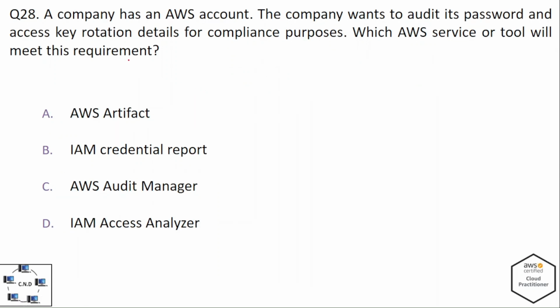Question number 28 is that a company has an AWS account. The company wants to audit its password and access key rotation details for compliance purposes. Which AWS service or tool will meet this requirement? And the options are A, AWS Artifact, B, Identity and Access Management Credential Report, C, AWS Audit Manager, and D, IAM Access Analyzer.